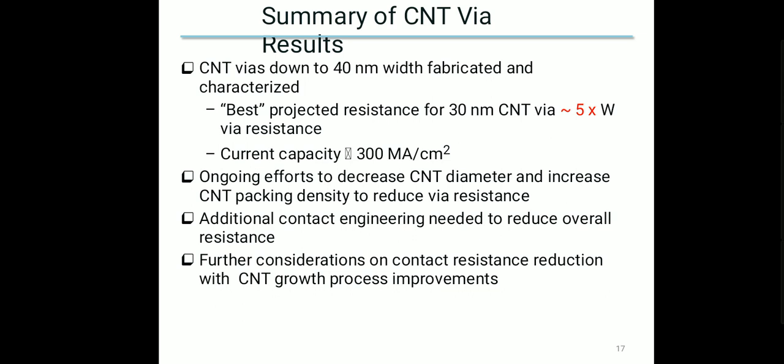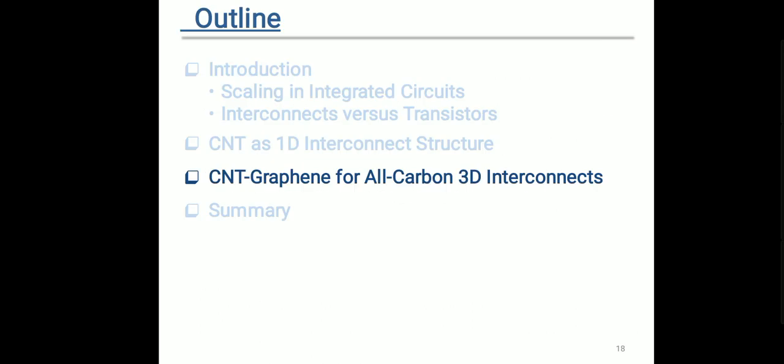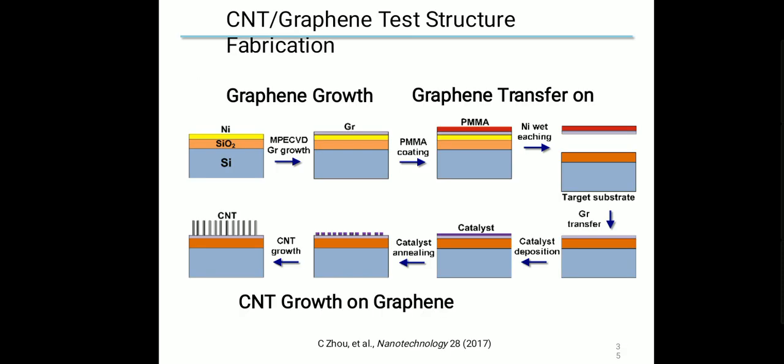Here they gave the current capacity as 300 mA per centimeter square, which means it has done very well in current capacity. Additional contact engineering is needed to reduce overall resistance. So these are the points we learned before. And CNT graphene for all 3D carbon interconnects.